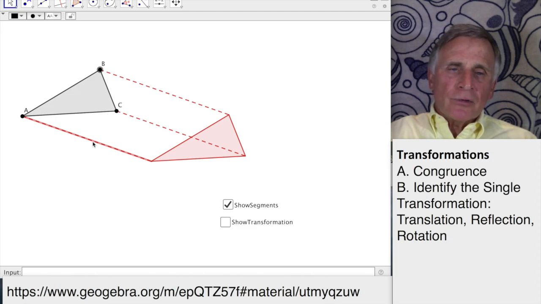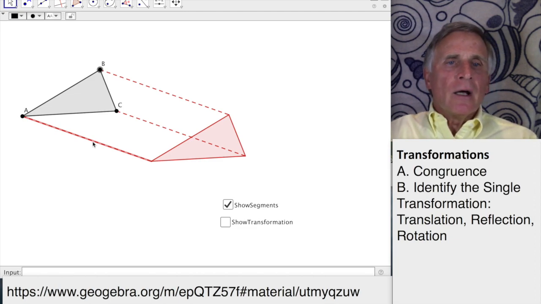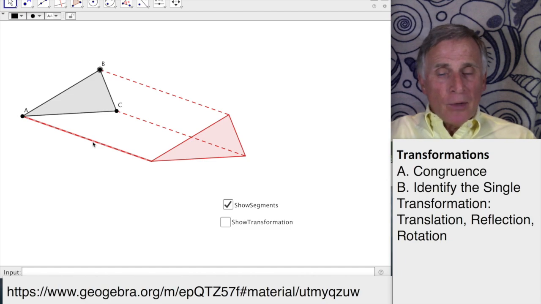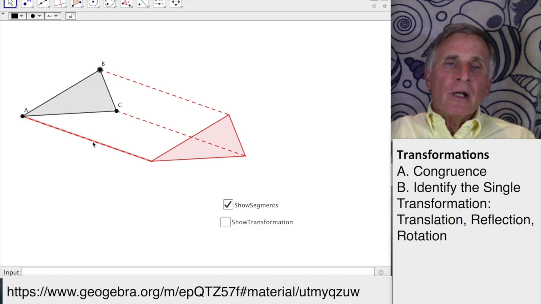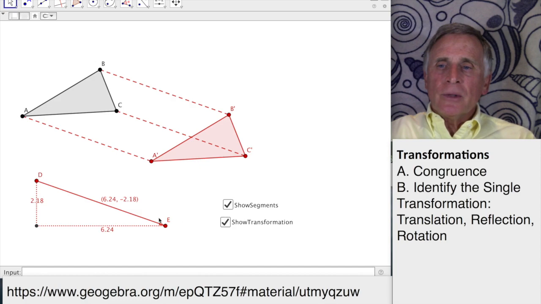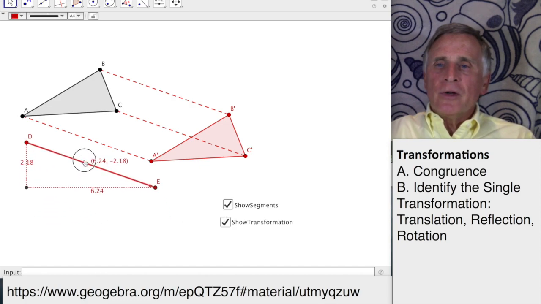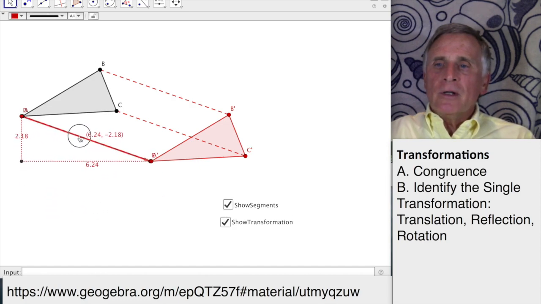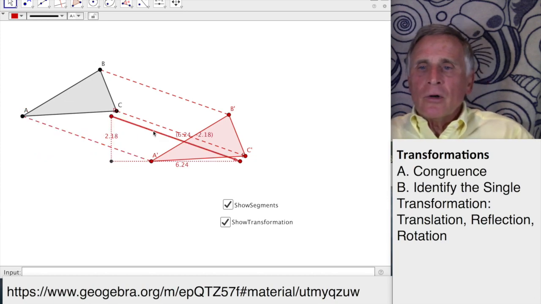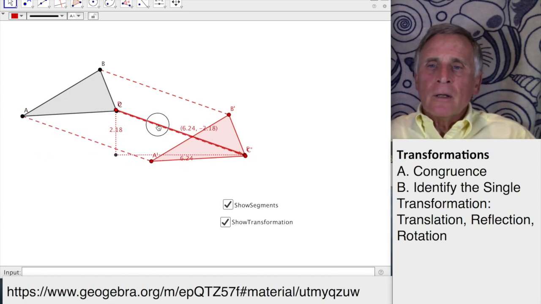Each one is a right triangle, to identify the components, the left-right component and the up-down component that was used to create the translation. Let's show what that actually was. Just for verification, if we move these, you see that these are all basically the same translation.